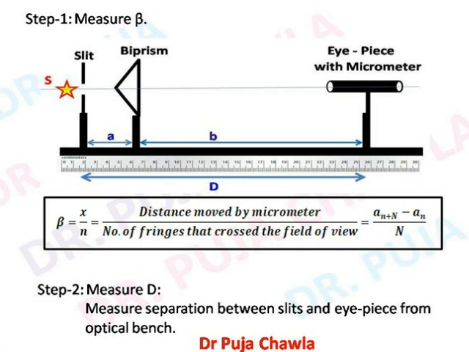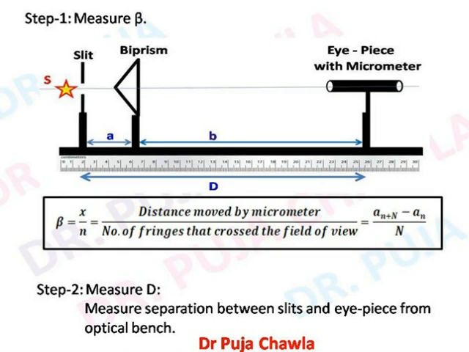So the formula is beta is equal to x by N, that is the distance moved by the micrometer divided by the number of fringes that cross the field of view. Is it clear? The simple formula is: find the width of N fringes and divide by N, and that is the width of one fringe. Done. So we have the first parameter, beta.